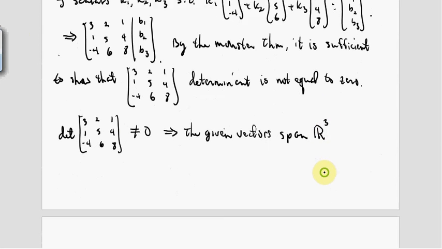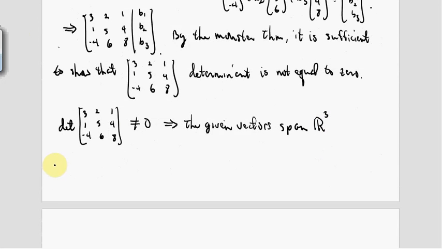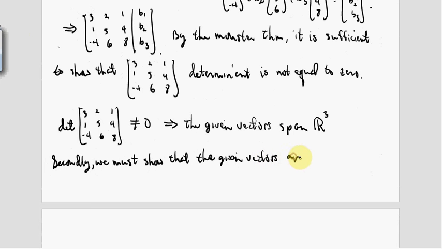Secondly, we must show that the given vectors are linearly independent.